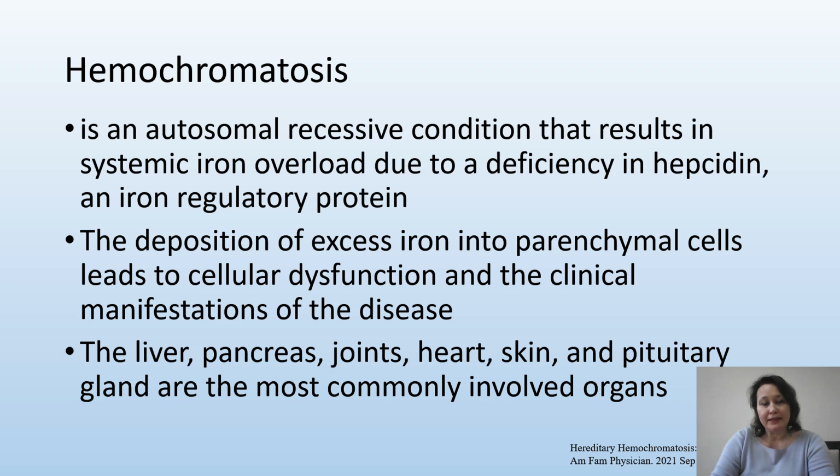The deposition of excess iron is into parenchymal cells of the liver, and it leads to dysfunction of hepatocytes and clinical manifestation of hepatitis and, in terminal stage, liver cirrhosis.